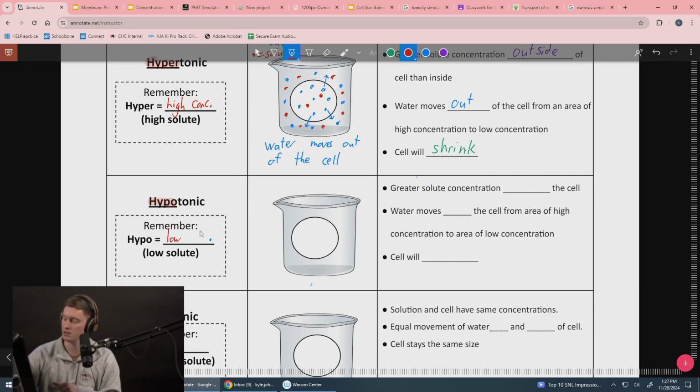This is a low concentration of solute. I'll keep the same colors where red is solute and blue is water. So I'm still going to have 8 water molecules on the outside. So that's 1, 2, 3, 4, 5, 6, 7, 8, and 8 on the inside.